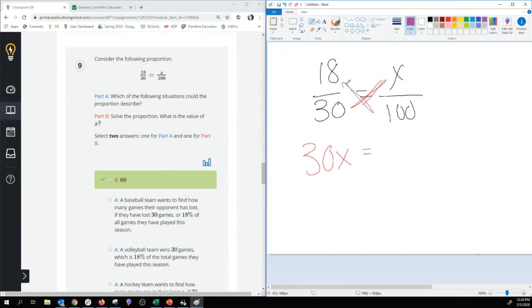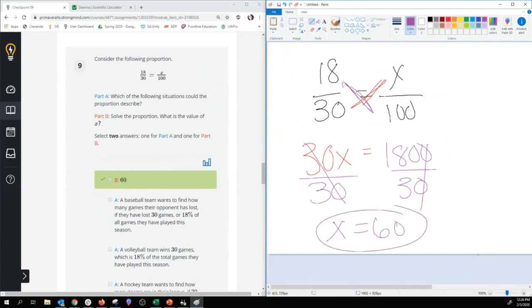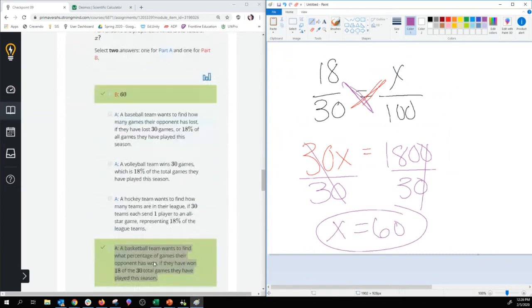Then I have 18 times 100, which is 1800. And let's divide both sides by 30. So x is going to be 60. So 60% of their games, did they win? Yes. They won 60% of their games for part B.